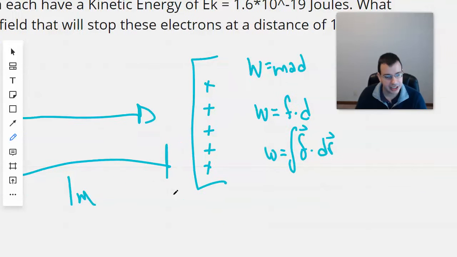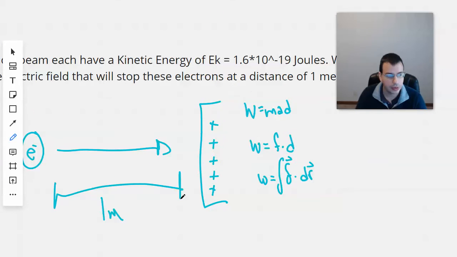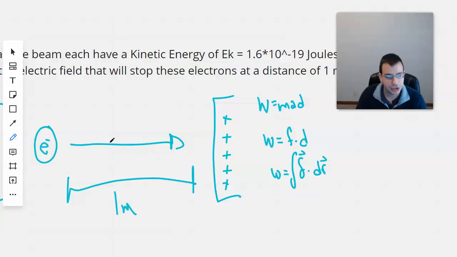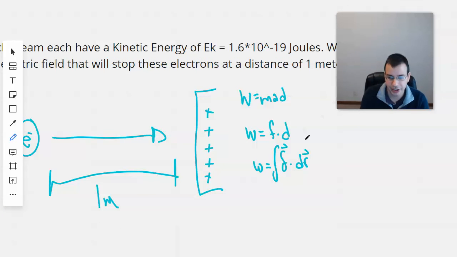So in this case then, we're going to assume that the electric field is parallel, in the same direction as the motion. And so for this, we know that this would be E, electric field, times Q dot dr.